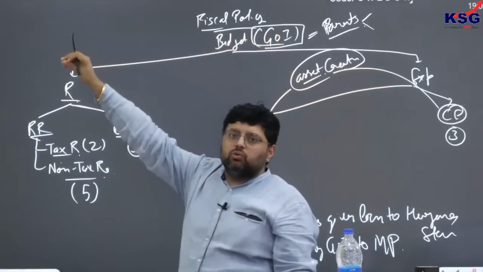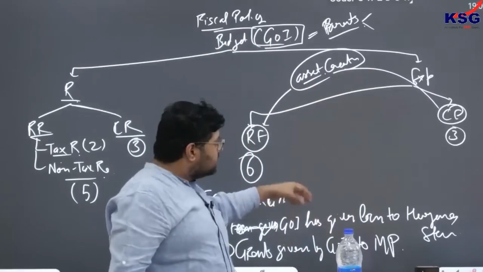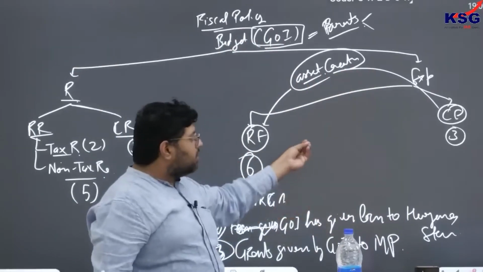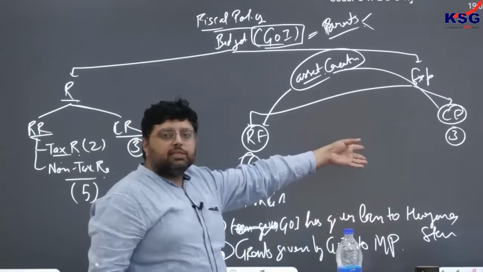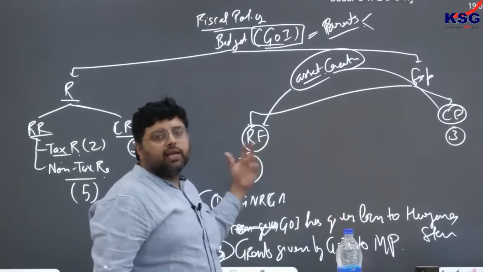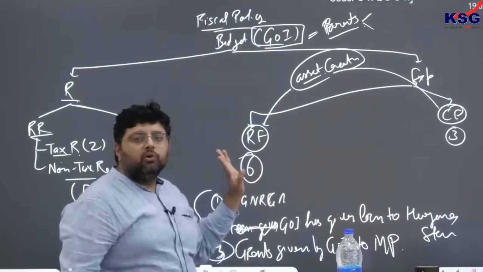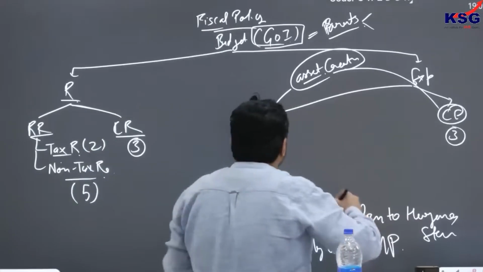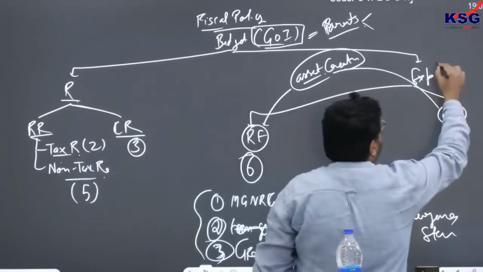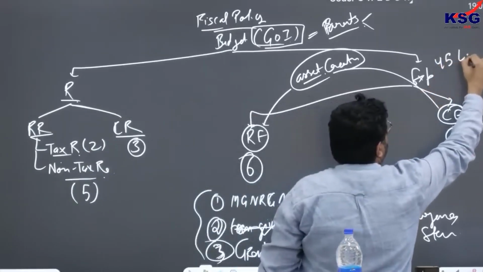They can ask you which of the following expenditures is more, which is less. तो अगर आप देखोगे in case of India, capital expenditure is less than revenue expenditure, or I can say revenue expenditure is more than capital expenditure. If I talk about this year's budget numbers, my total expenditure for this year is 45 lakh crore.